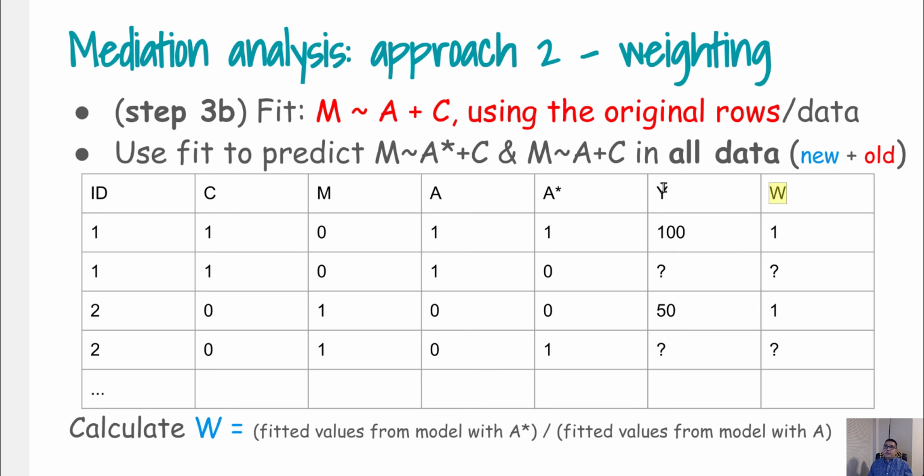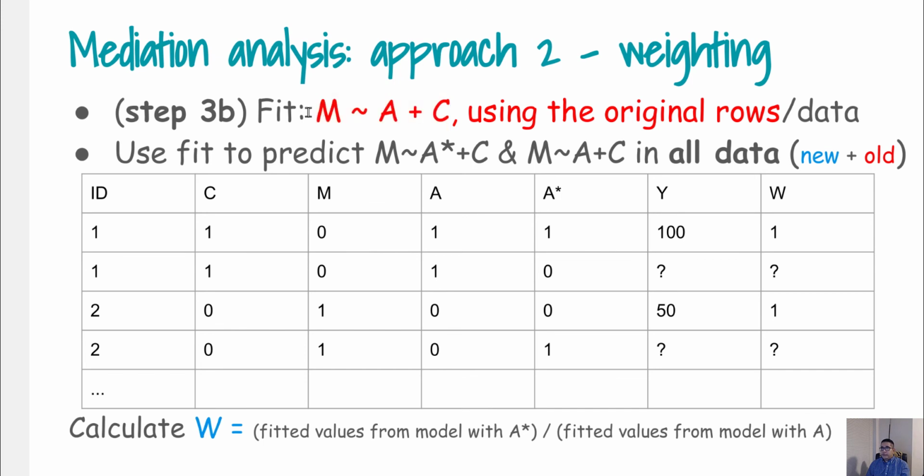So we are going back to step 3, where we are fitting our mediation model with respect to exposure and the confounder using the original data. This is not the entire data. This is just the original data. We have not duplicated anything. So whatever question mark rows you have here, we will just delete them, and we will only work with the rows that were associated with one weight or non-missing Y values in here.